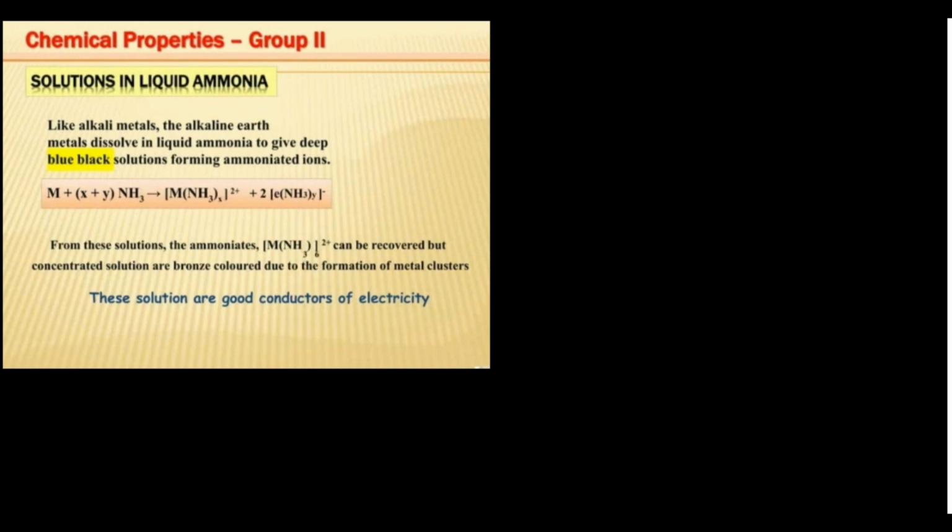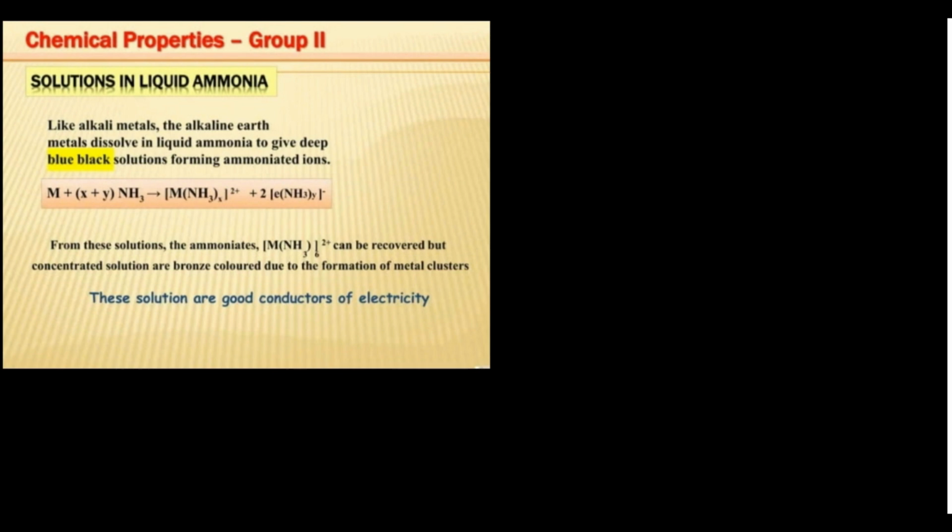So you can learn that explanation from my last lecture, where I explained what happens with the concentration. Initially when the solution is dilute, the solution is actually not that deep in color, but as you keep on adding the metal and the solution becomes concentrated, the color deepens, and this is true here also. You should know this point.